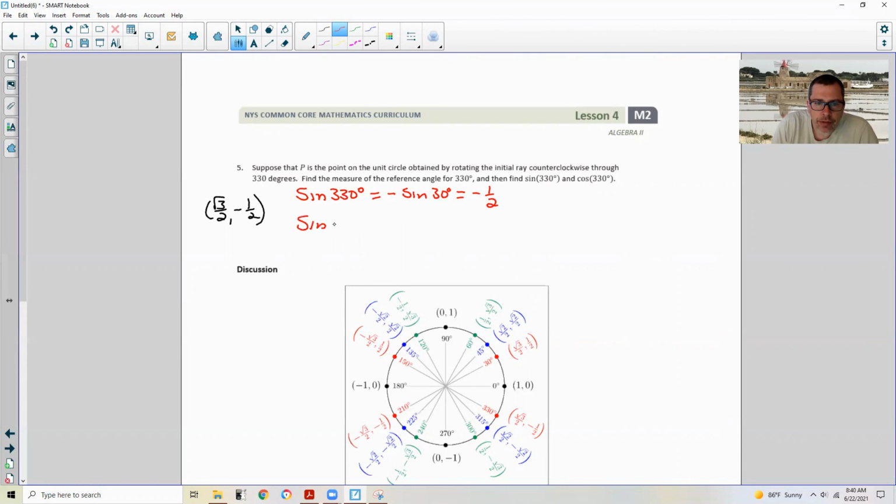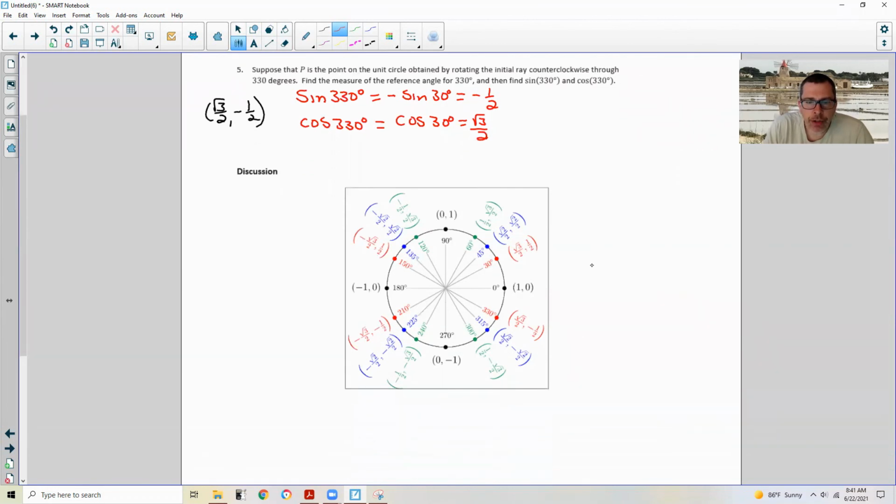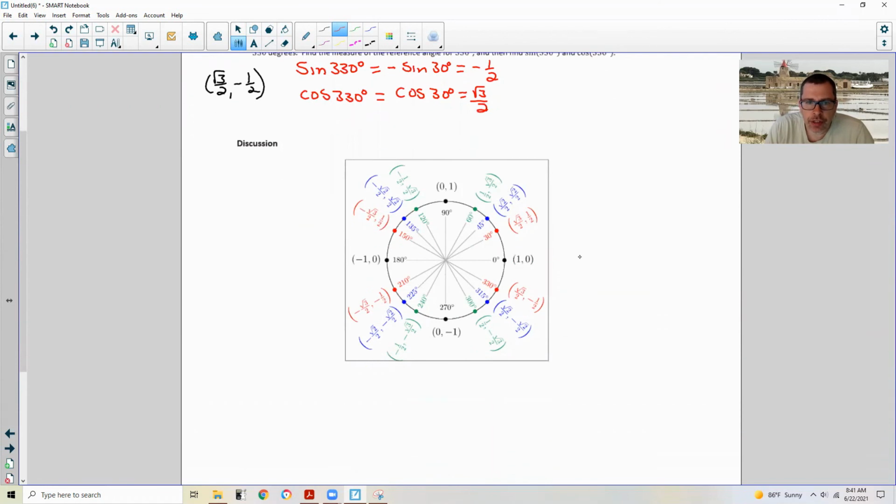The cosine of 330 degrees equals the cosine of 30 degrees, which equals square root of 3 over 2. Okay? So now that we've done that and picked values around the circle in each quadrant, here's the discussion.